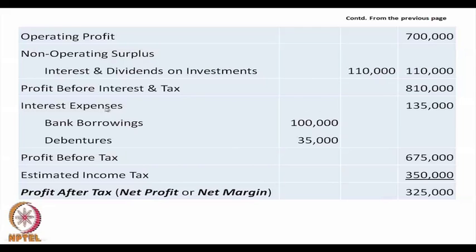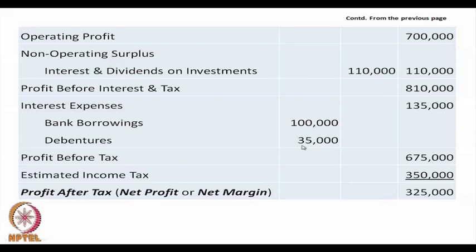From out of this, the interest expenses are first of all subtracted. If the company has borrowed money from financial institutions such as a bank, it pays interest, plus if it has got money by bonds or debentures, then it also has to pay interest to the bond holders or debenture holders.